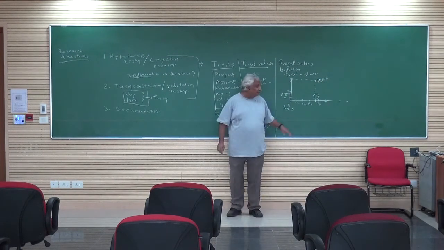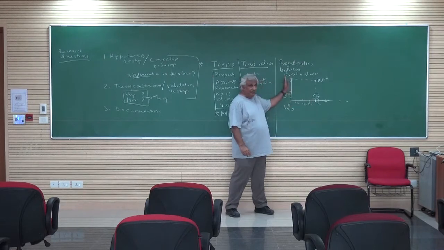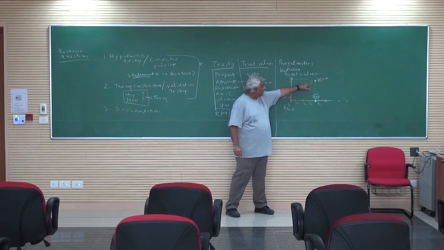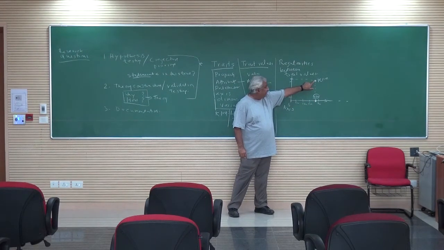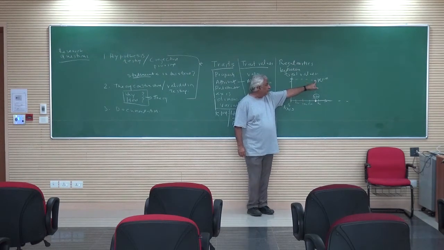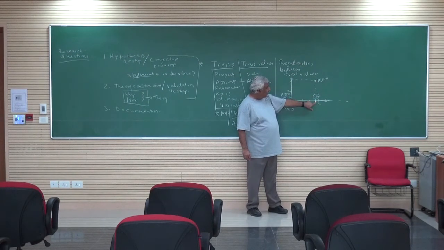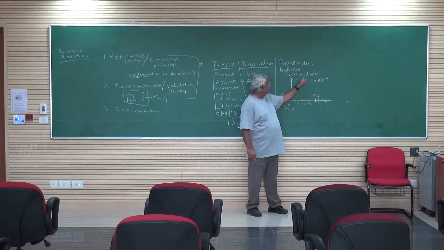If you're thinking about a two-dimensional space, I will be a point in that two-dimensional space here, and by locating me here, you know that my height is 172 and my age is 68.